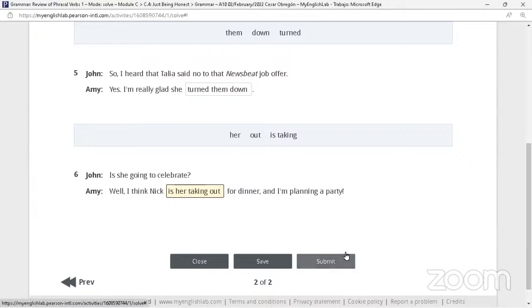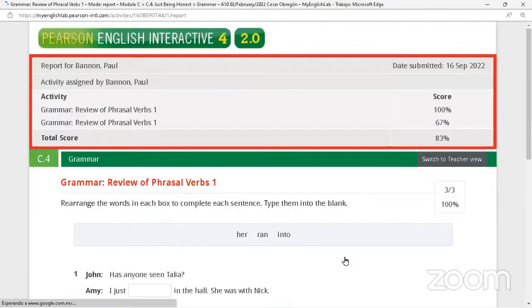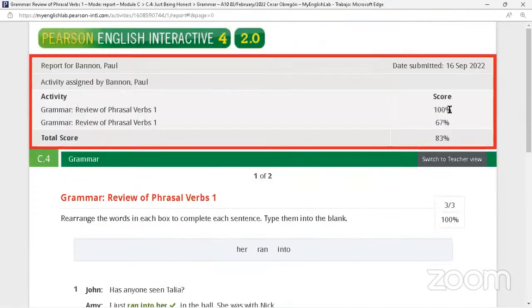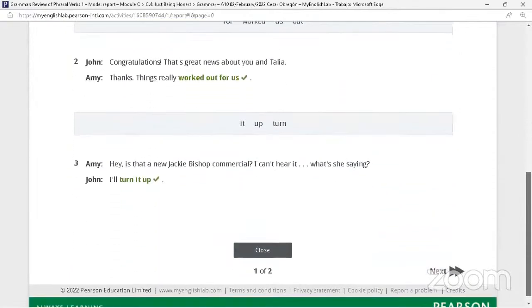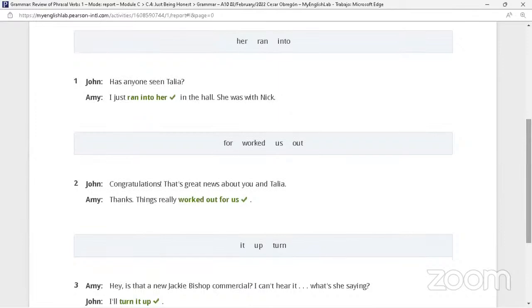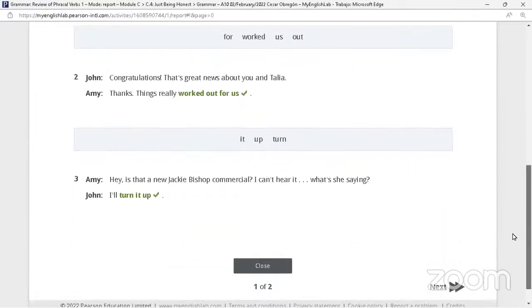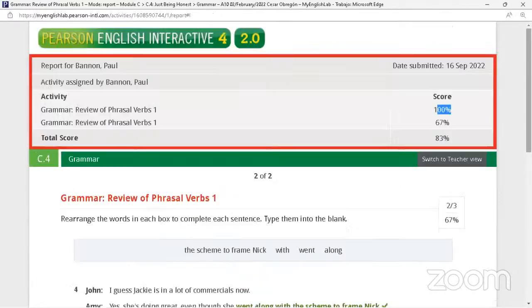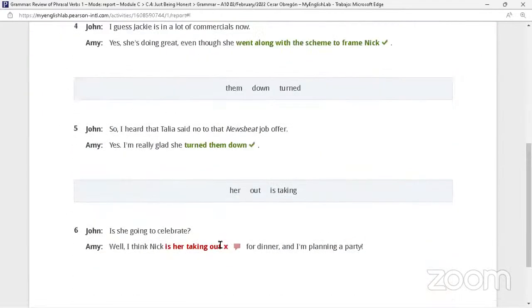Yes. Okay, no problem with the first section. You have a chance, take a picture. And the second one, yes, is taking her out, okay? So this one is separable. Okay.